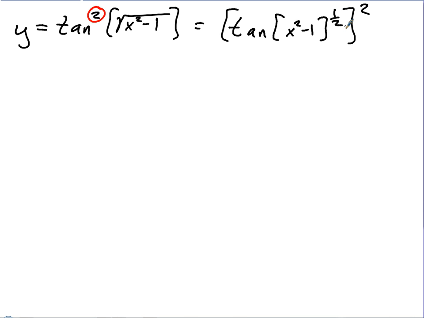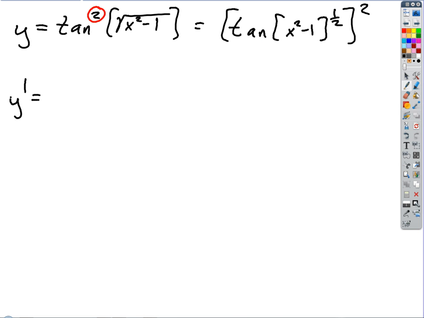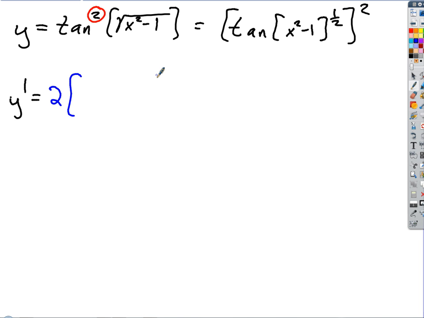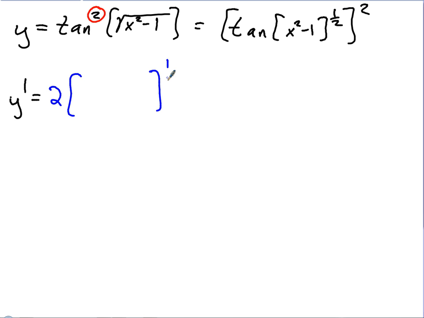Now we've rewritten it in a way where we can see all the steps more discretely, right? So if we're going to differentiate this, we've got 4 layers, so we should expect to have 4 links in our chain. So y prime equals the outermost layer, which we said was hand to the 2, is what? 2 hand to the 1. We bring the 2 down front: 2 times hand to the 1, right?